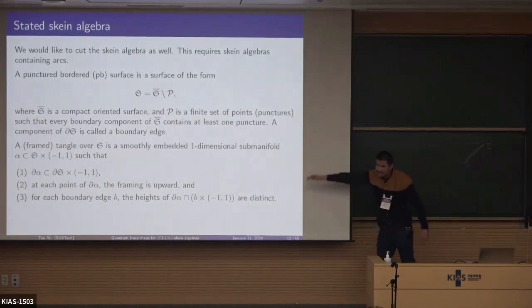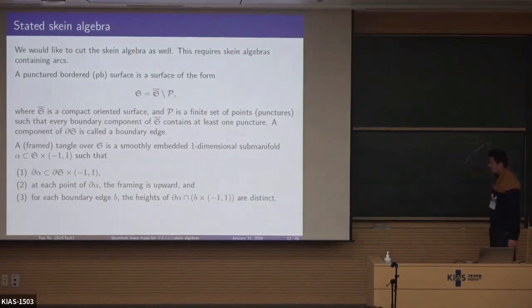When you look at these conditions on the boundary of the tangle, what you're supposed to think is there's a perpendicular direction pointing upwards. You can think of my alpha 2 on this vertical arc, and then the last condition just says the endpoints on this arc need to be distinct. There's a height ordering on here.